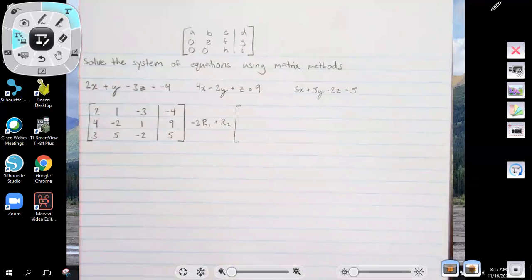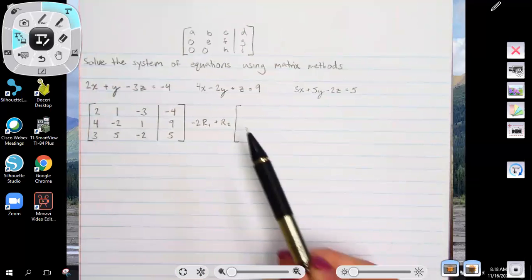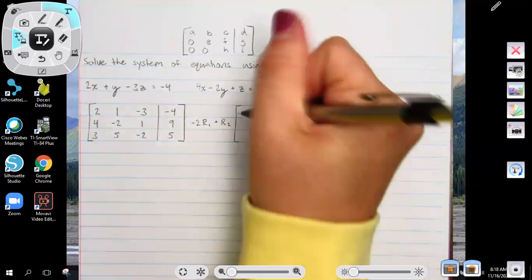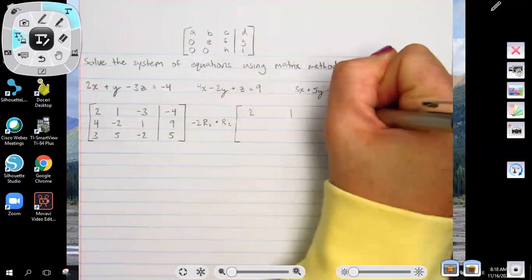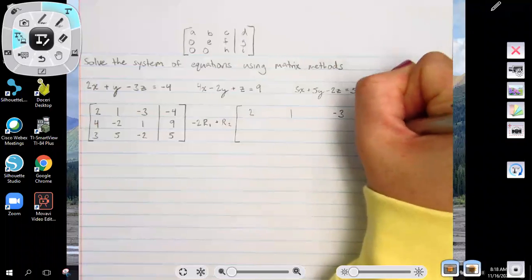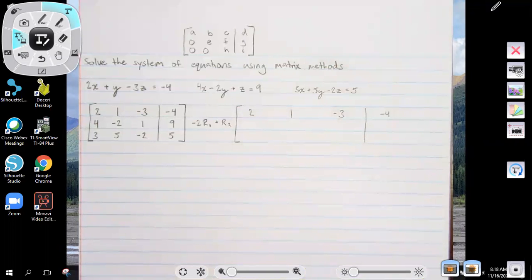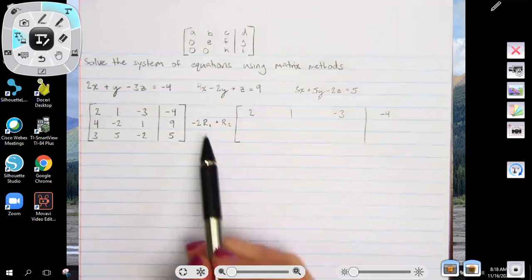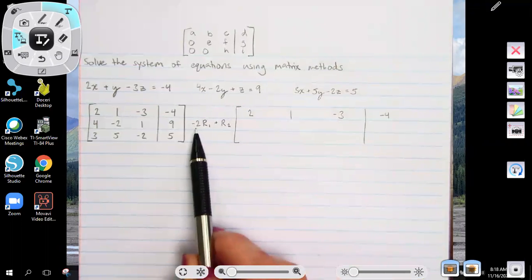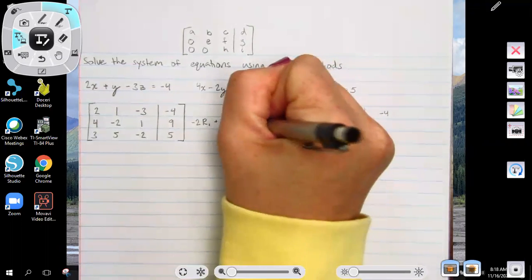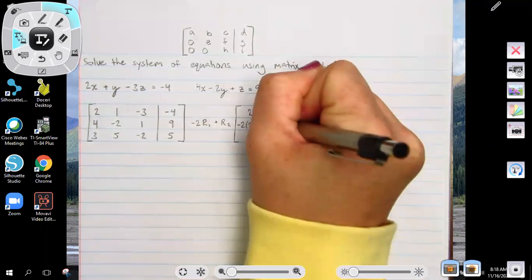Okay, so the first row isn't going to change. We're just using it to change the second row. So I'm going to go ahead and write the first row in, but I'm going to space it out because we're going to have to do some math in the second row. So 2, 1, negative 3, negative 4. And in the second row, we're using this as a formula for each spot. For the first spot, we've got negative 2 times row 1, which would be 2, plus row 2, which is 4.